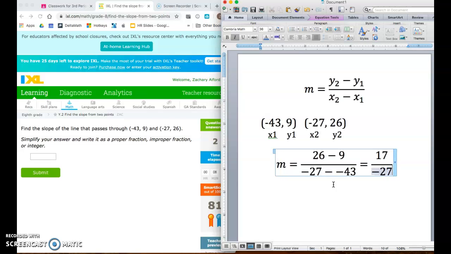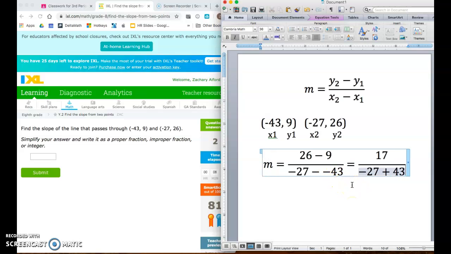You may remember when you're subtracting a negative, there's that three-word formula that we say is called keep, flip, change, which means keep the first number the same way it was, so that's what I just did. Flip this minus sign to a plus sign. Change negative 43 to positive 43. Okay?